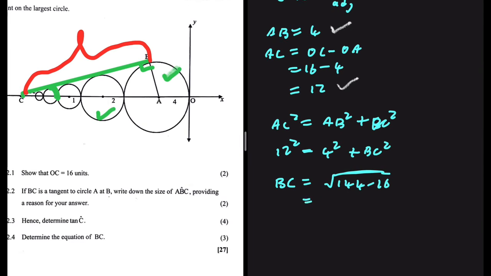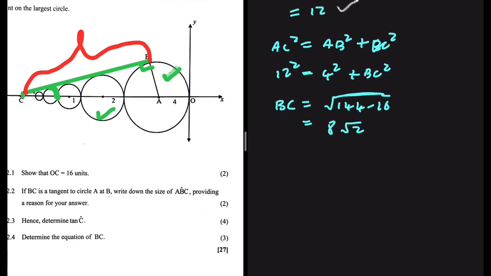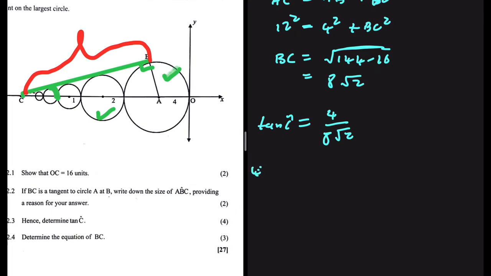This is equal to 8 square root of 2. So now we can say that tan of angle C is equal to the opposite, 4 units, divided by the adjacent, which is 8 square root of 2. We can further simplify that, but let's just leave it like that.